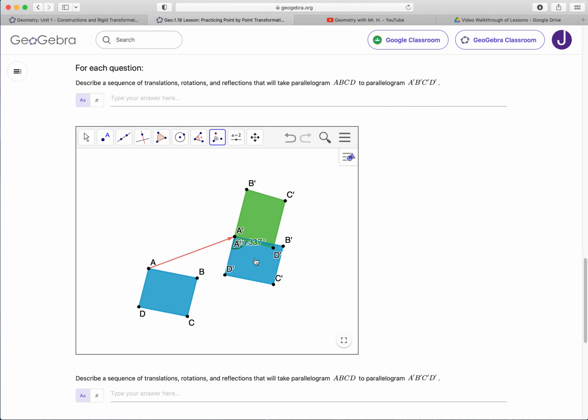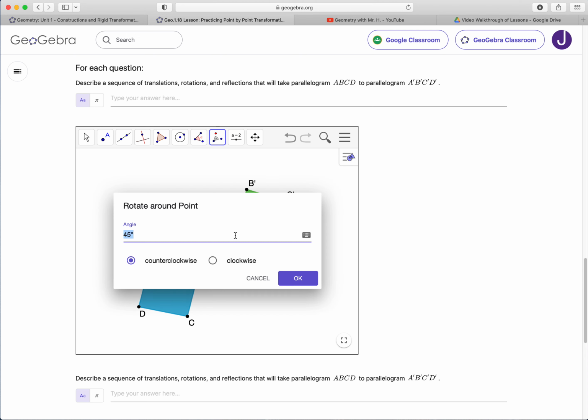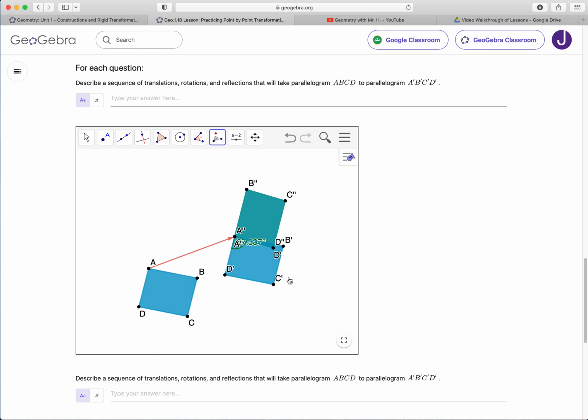So we're going to rotate this around this point by, oh boy, I hope I can remember that number, 87.337. And we want to go this way, so that's counterclockwise. Let's see if it works. Hey, we got it. Yep, landed perfectly on there.